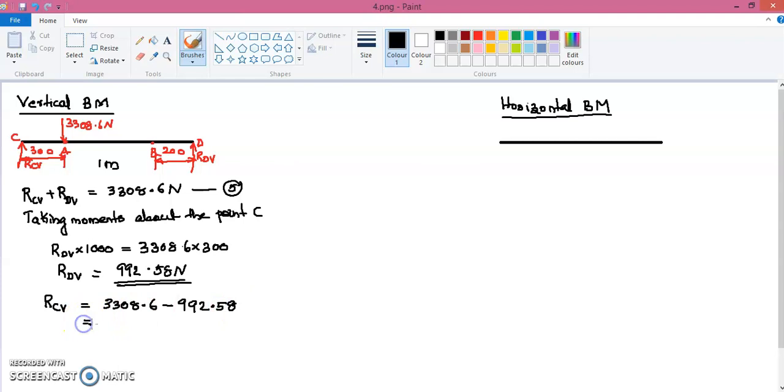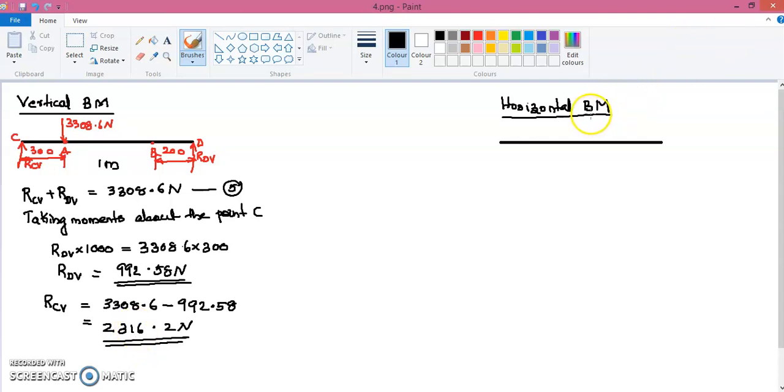This answer, we are getting it as 2316.2 Newton. So we have calculated the vertical reaction at the points C and D.